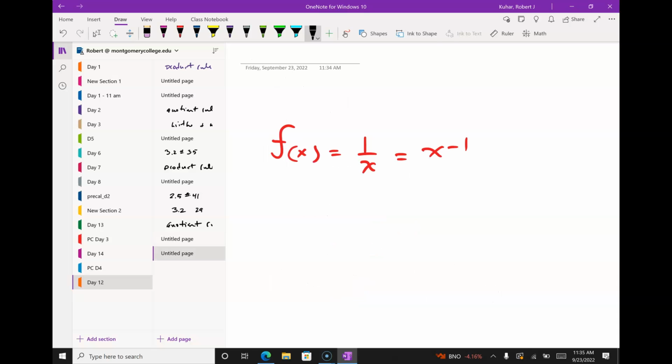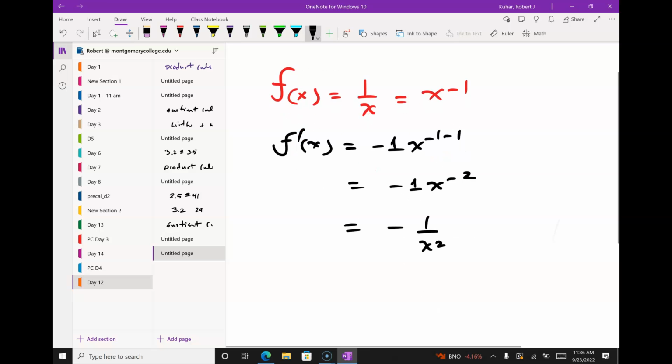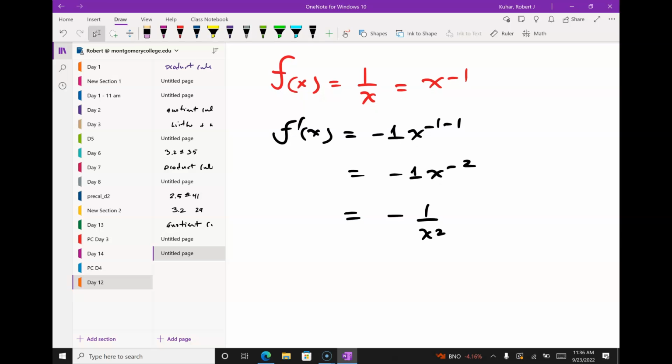All right. What's this derivative without the quotient rule? Bring down the power, subtract 1 from the power, right? So it's negative 1 times x to the negative 2. So it's negative 1 over x squared. Hopefully we have this one memorized, but let's do it now with the quotient rule. What's my upstairs function?